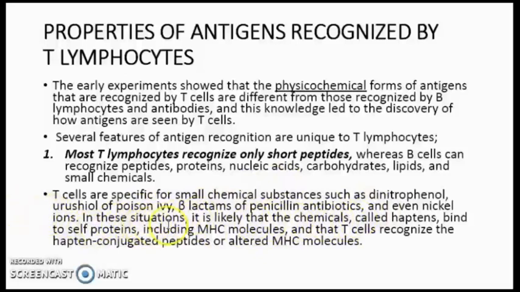In this situation, it is likely that the chemicals, called haptens, bind to self proteins, including MHC molecules, and that T cells recognize the hapten-conjugated peptides or altered MHC molecules.